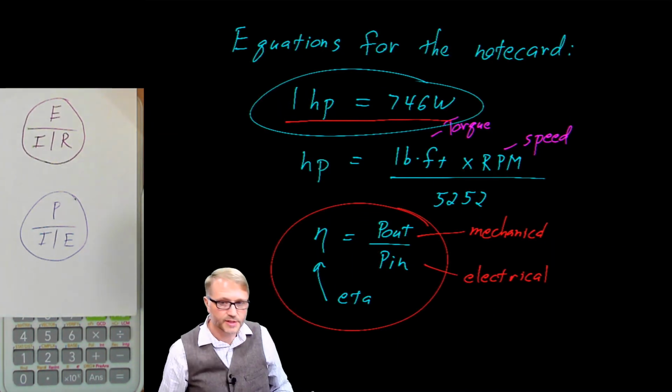Horsepower is equal to torque by speed divided by 5252, where torque is in foot-pounds and the speed is given in revolutions per minute. Then we had this discussion about efficiency. Eta, which is our symbol there. Efficiency is power out divided by power in. I should note that this is never going to be greater than 1, right? Efficiency will always be less than 100%. Don't believe anybody that tells you otherwise.